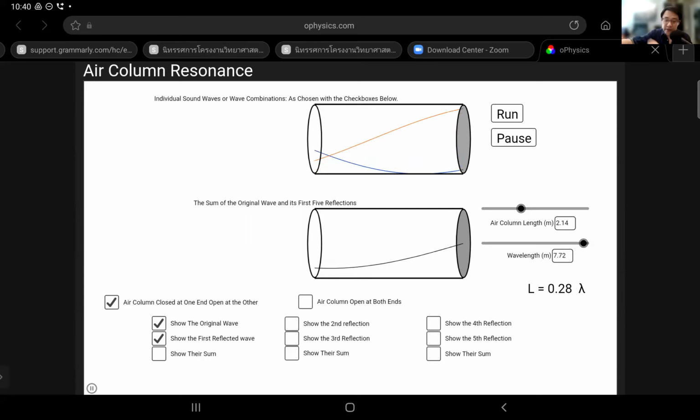And this is the reason why, if you have a bottle of water, every time that you fill the water in here, you will hear the noise. You know what I'm saying? So the reason at first you hear a lower pitch sound is because the air column in the empty bottle is so long.